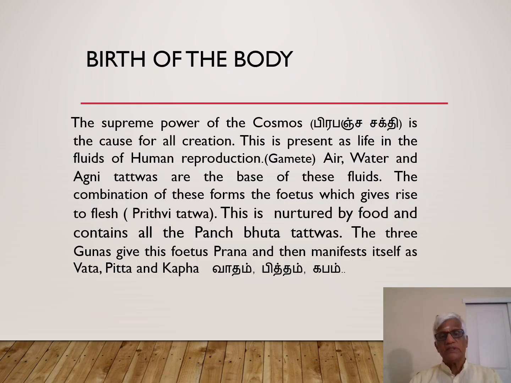We talked about the supreme power or Ishvara as the cause of all creations. The supreme cosmic power is present as energy or life in the fluid of human reproduction. We call it gamete or sperm.